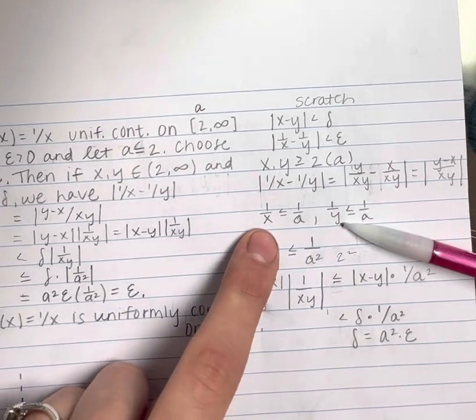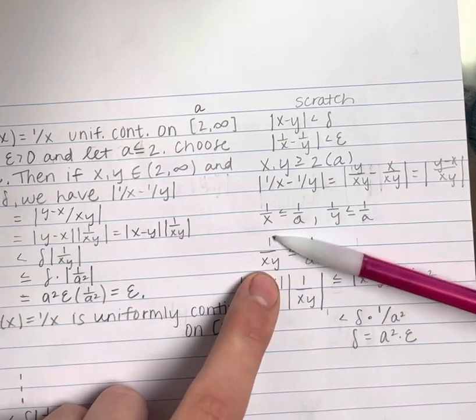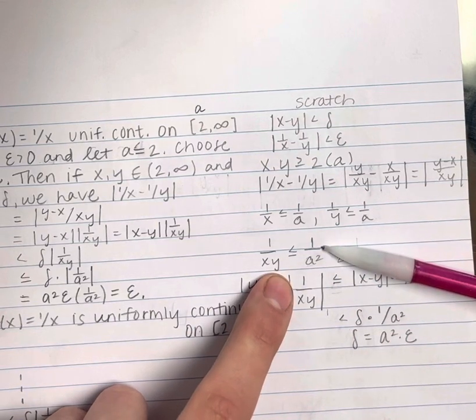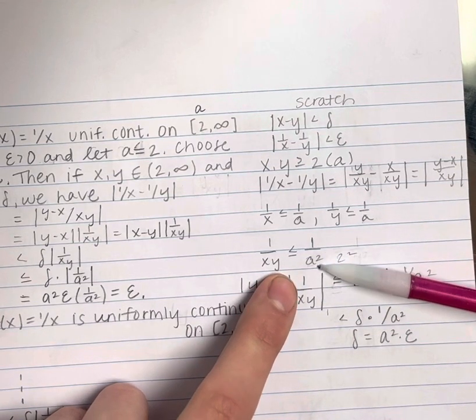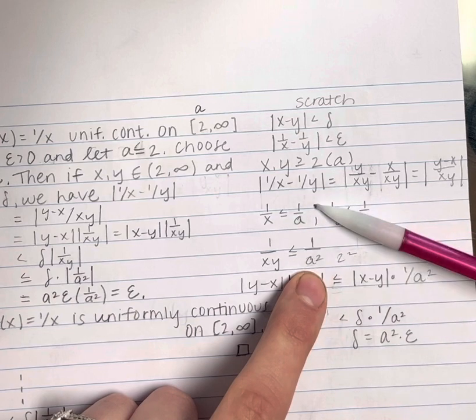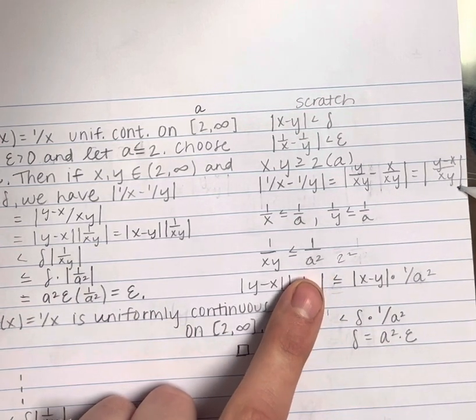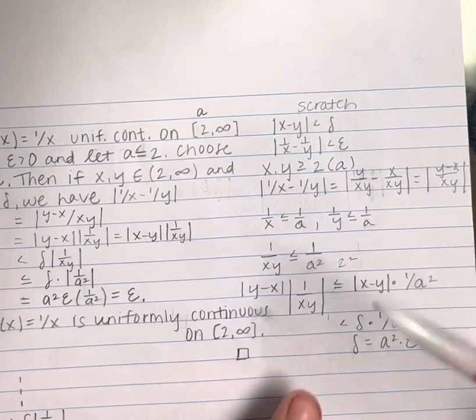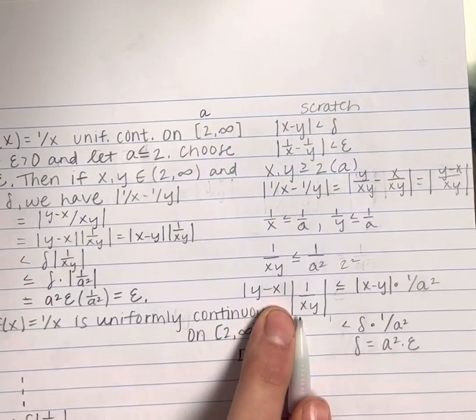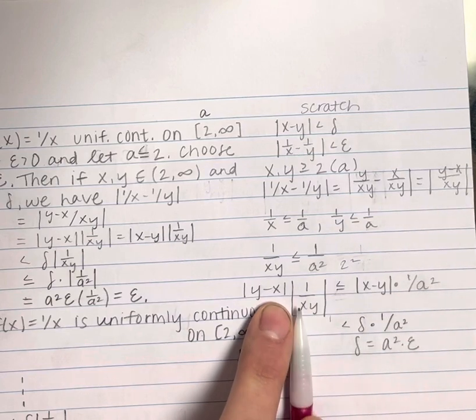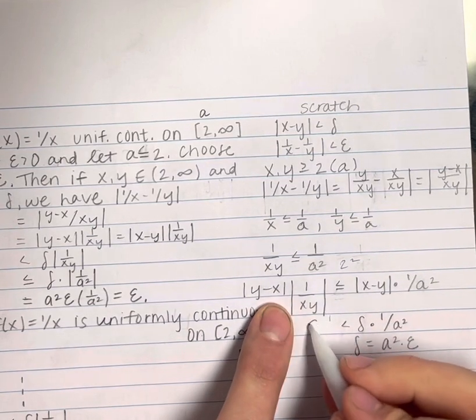If we put x and y together, 1 over xy, we see that it's less than or equal to 1 over a squared, based on these and based on the 1 over xy we get here. So if we plug it back in, we go to the original epsilon. This is epsilon right here.